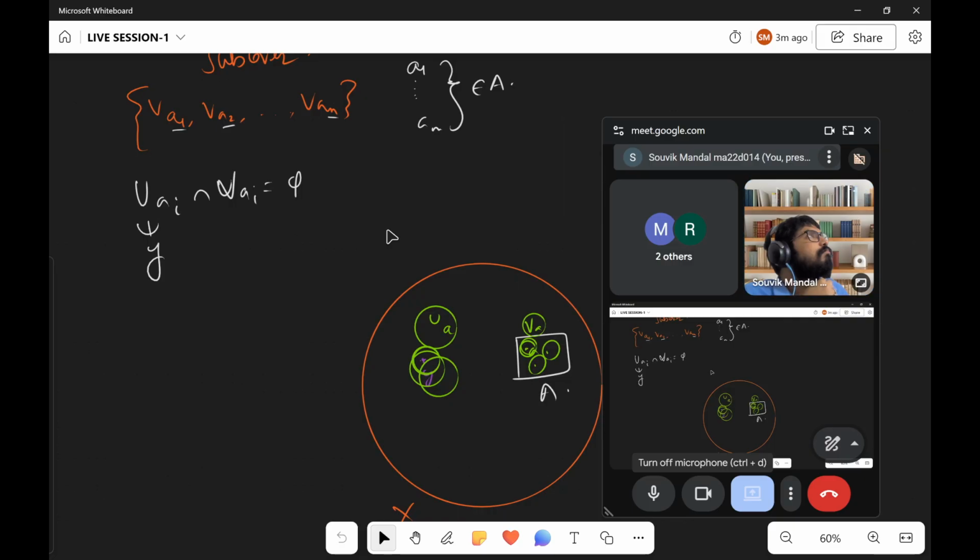We just remove the neighborhood. We take the neighborhood of Y minus the intersection of the UIs.